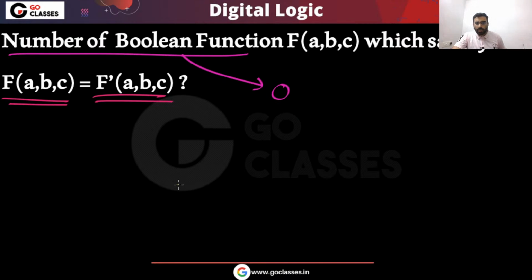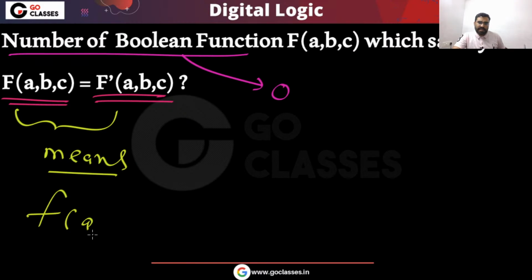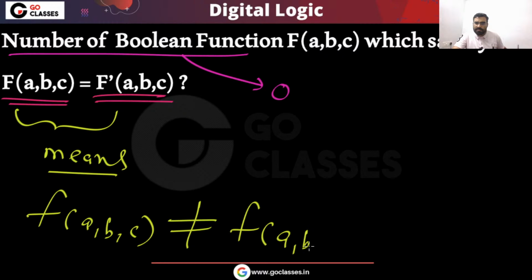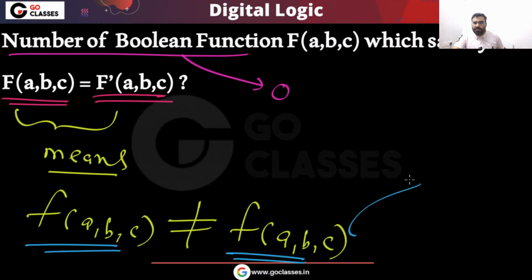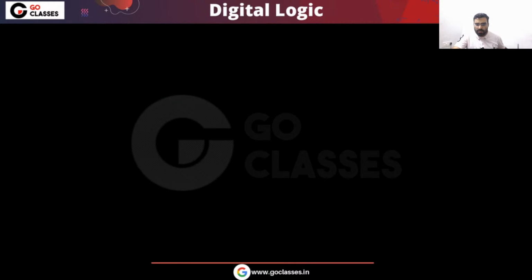This type of function is not possible. Because what does this mean? This means F(A,B,C) is different from F(A,B,C), and this type of function is not possible. So the number of such functions is 0.